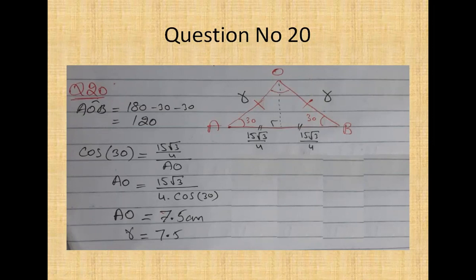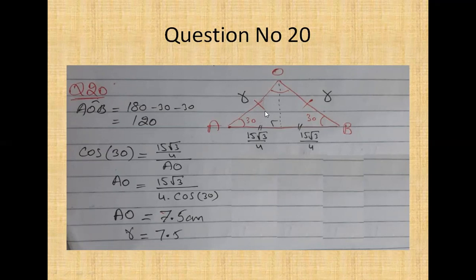Because this is an isosceles triangle, this line which comes from the center to the chord makes a 90-degree angle. It bisects the chord. So this whole chord was 15 under root 3 divided by 2. When you divide that with 2, you get 15 under root 3, the whole thing divided by 4.